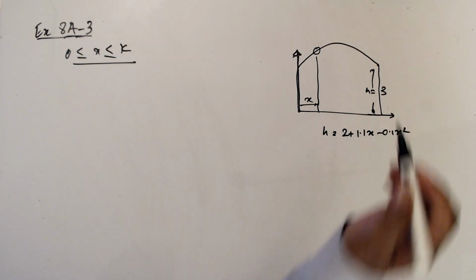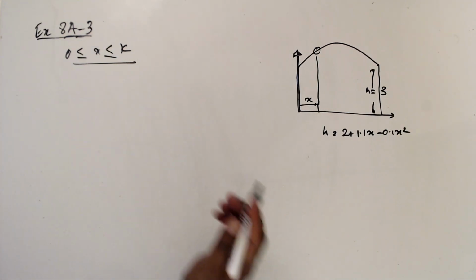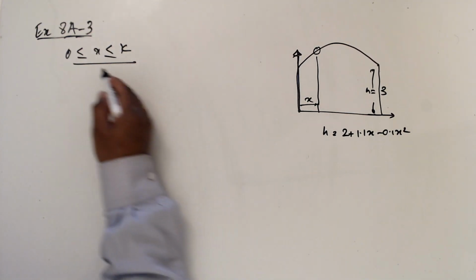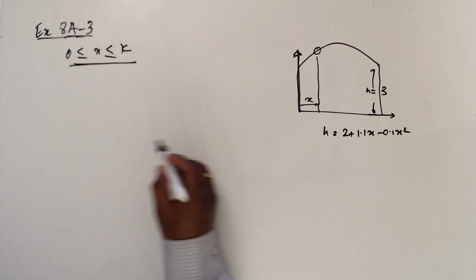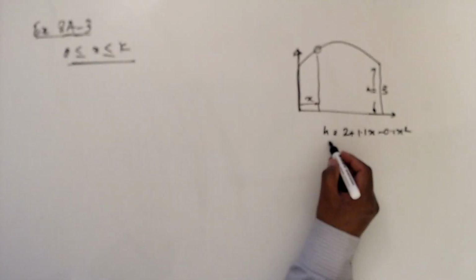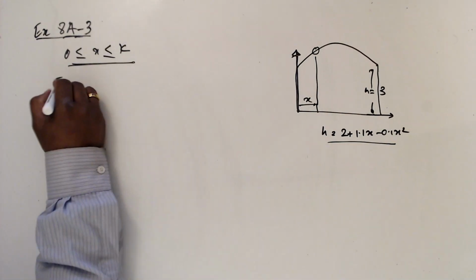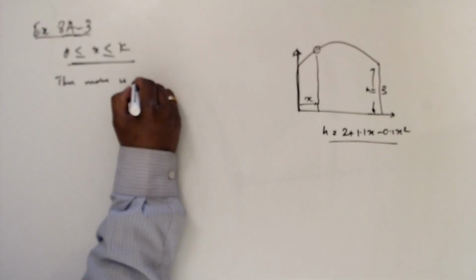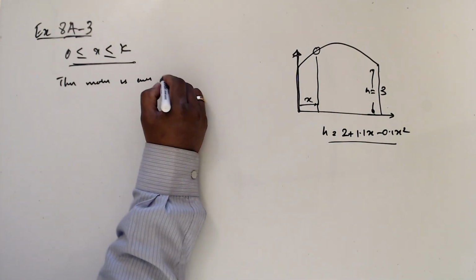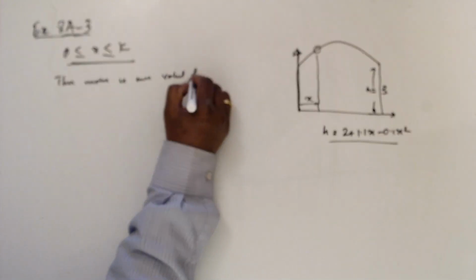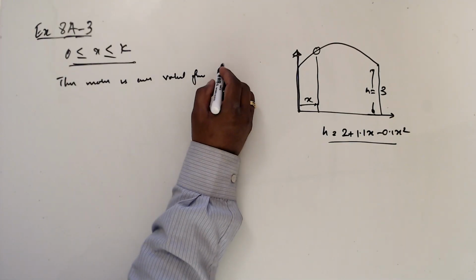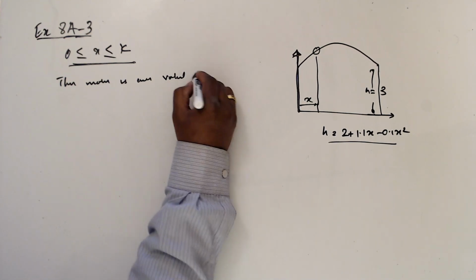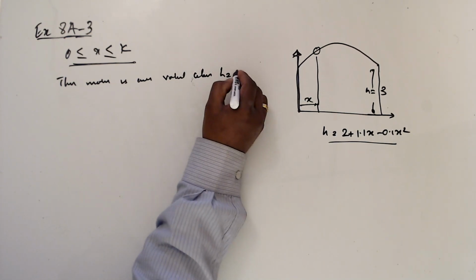Then we have to rework this to find k, because this model is only valid when h equals 3.